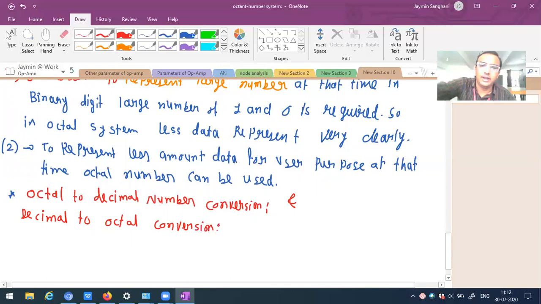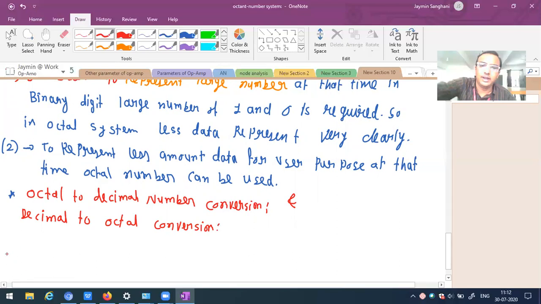So first of all, how do we convert the given octal number into decimal?